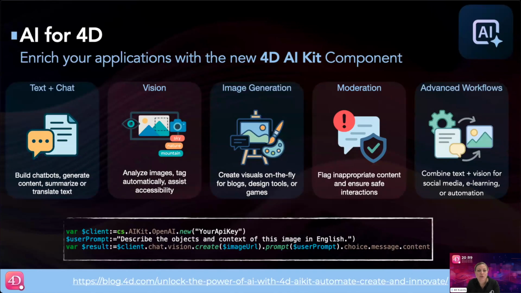And now let me introduce a major step forward in 4D's AI journey. In fact, this is 4D AI Kit, our new component for integrating OpenAI capabilities directly in your 4D applications. With just a few lines of code, you can now bring AI-powered features like image tagging, content generation, moderation, and vision analysis straight into your app.